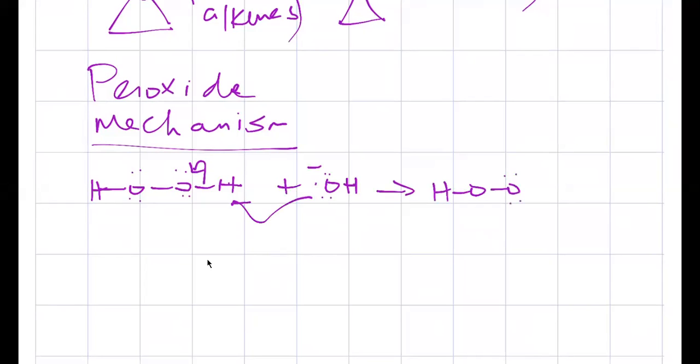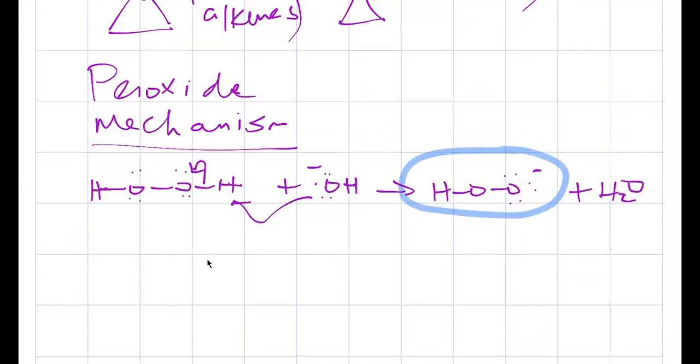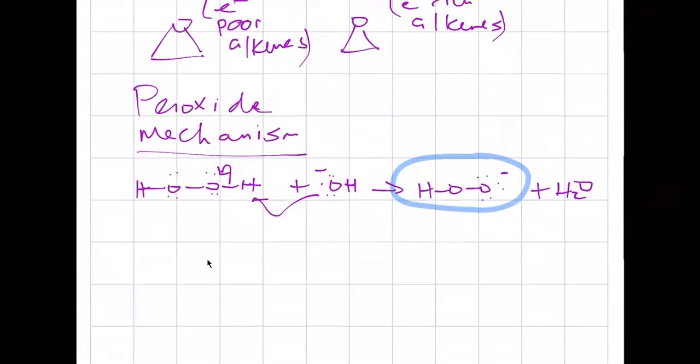So now you got this peroxy anion plus water. And then it's this anion that's going to attack your alkene. Right? And it's that simple. So the alkene is here.